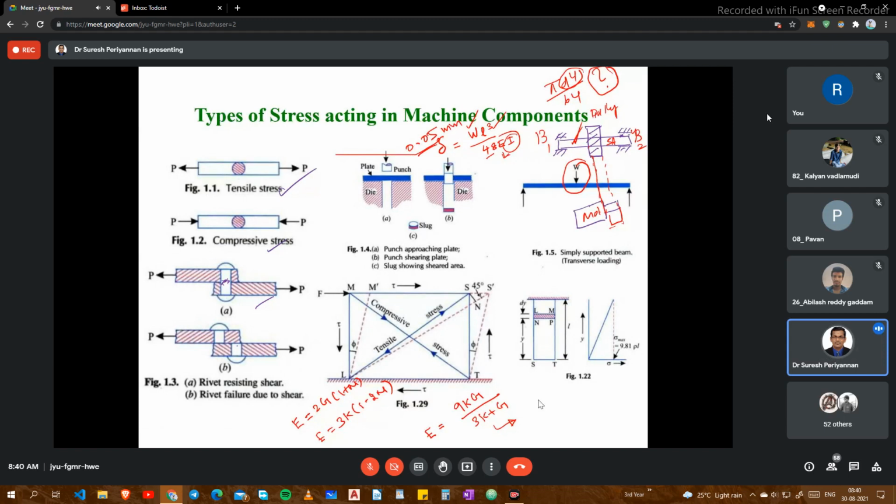Now, bulk modulus is nothing but minus the incremental pressure divided by volumetric strain, dV divided by V. What is compressibility? Compressibility is the inverse of bulk modulus, that is, dV by V divided by dP.